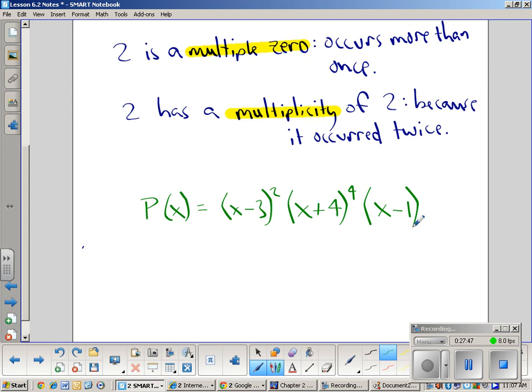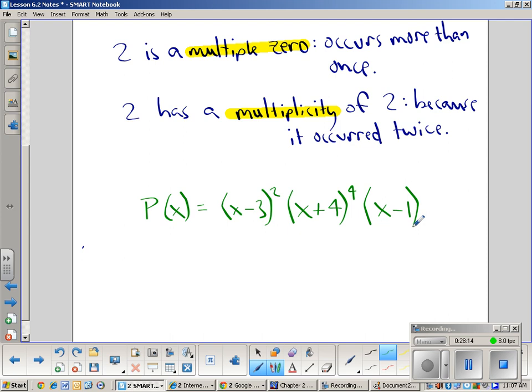3. And what is its multiplicity? 2. Who said 2? Easton. 2. So we would say 3 is a multiple 0 with multiplicity of 2 because it occurs twice.